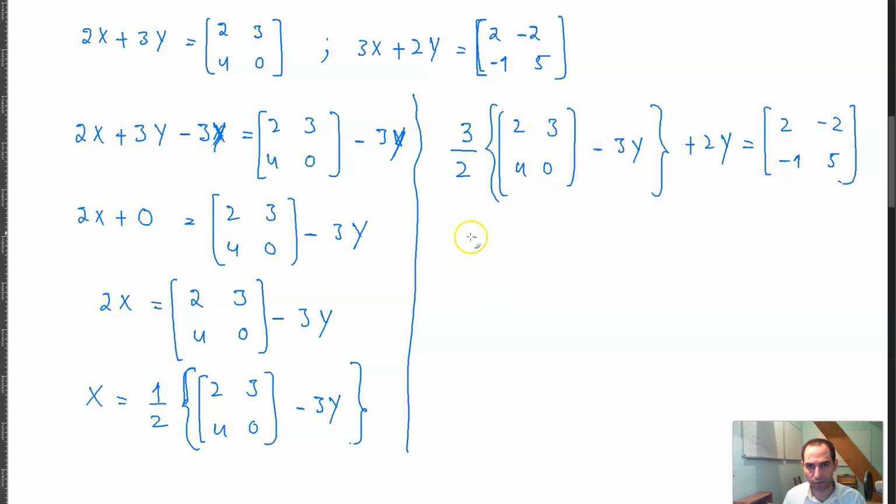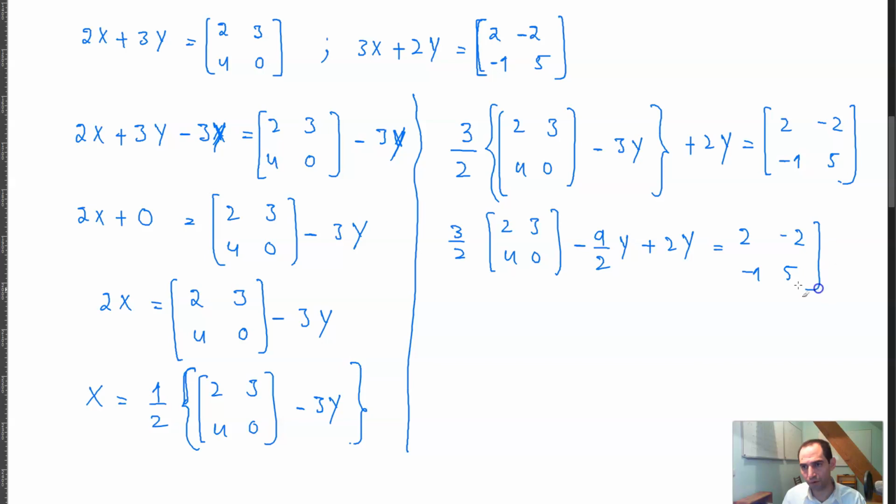And that gives me, if I multiply this, I'll get 3/2 times 2, 3, 4, 0, and so that would be -9/2 Y plus 2Y is equal to 2, -2, -1, and 5.